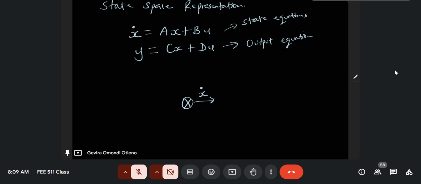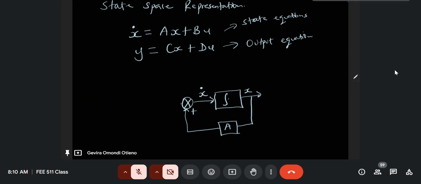For us to make it x, we have to integrate it because it's a derivative. So if we integrate that, then we obtain x. Then that x, we can multiply with A, and then we add it. So this could be plus. So you can see we have Ax, plus Bu.